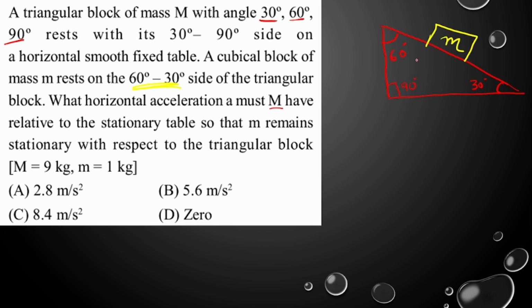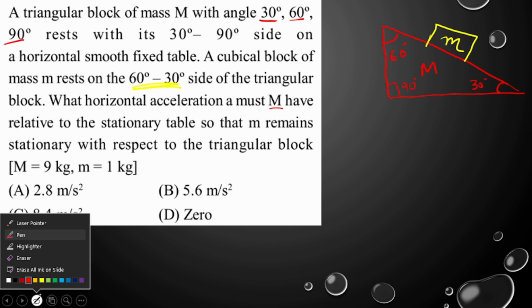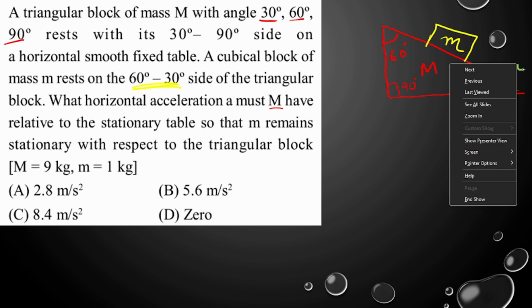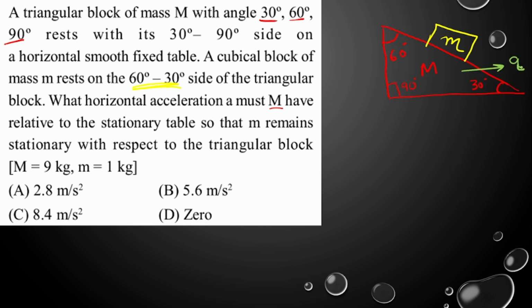Okay, this is capital M, this is small m, and they have asked the acceleration of capital M so that it remains at rest with respect to small m. This type of question we have done before, and let me consider that the acceleration is in this direction. So acceleration felt by the small m is in this direction.